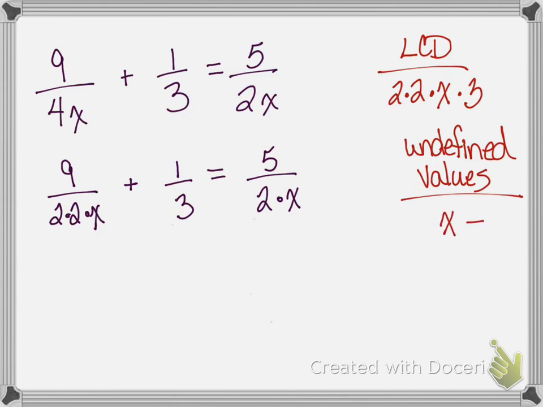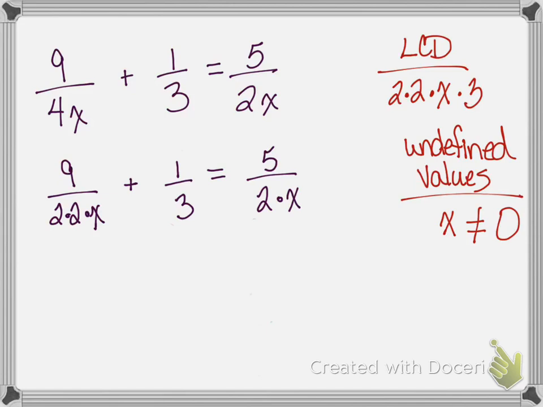It's 0. So x cannot be 0. What that means is, when I solve this, if I get x equals 0 as my answer, or as one of my answers, I have to throw it out. That's what that means when I've identified an undefined value. Okay? So now I've got my LCD.